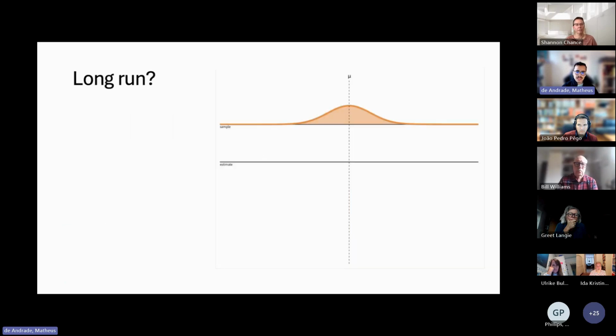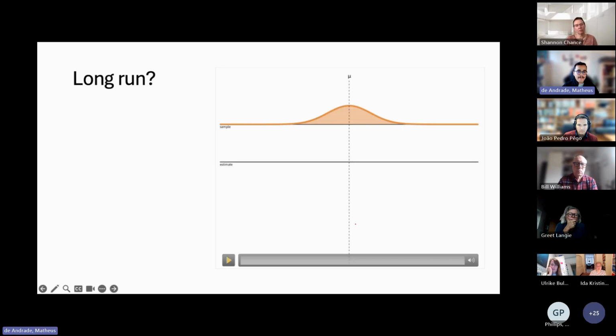And what do I mean by long run? So in statistics, let me try to play this video. Let's imagine that this orange curve is the distribution of whatever you are estimating. It might be the grades of your student population.